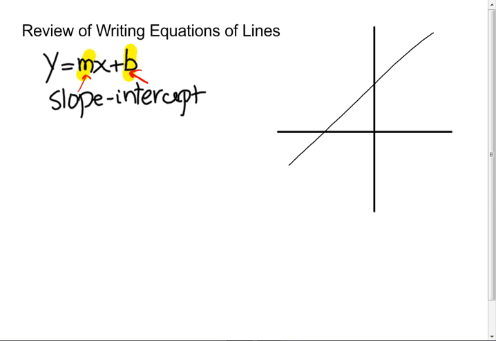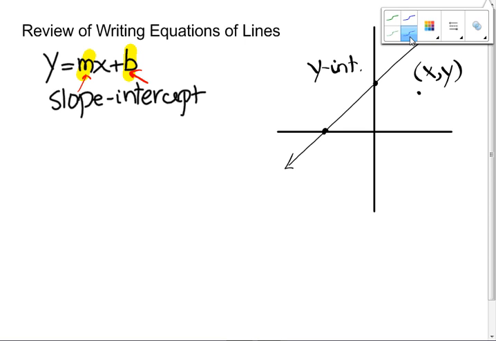Okay, you guys? You had some problems with this yesterday, I noticed. These are points. Every point on the plane has an ordered pair to name that point. So, this is called the y-intercept. Yeah, but what is the ordered pair there? That's what we had problems with yesterday.